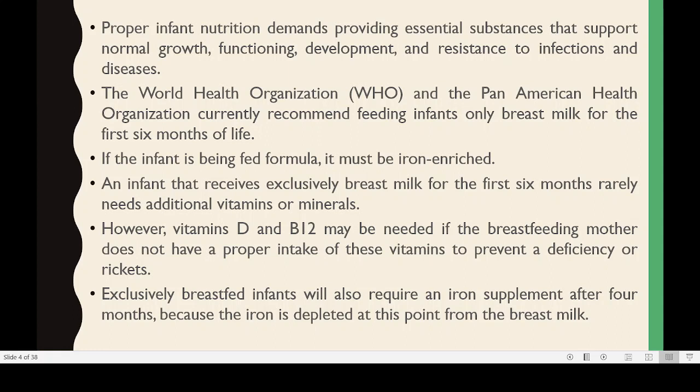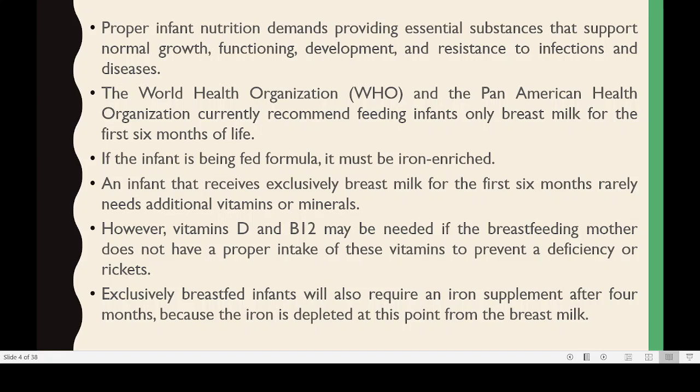When you start introducing infant formula or milk powder, you have to make sure that the child gets a sufficient quantity of vitamins. That is why you might have noticed that mothers sometimes give multivitamin drops to children. That becomes a necessity, because cow's milk doesn't contain all the vitamins or minerals needed by the baby.